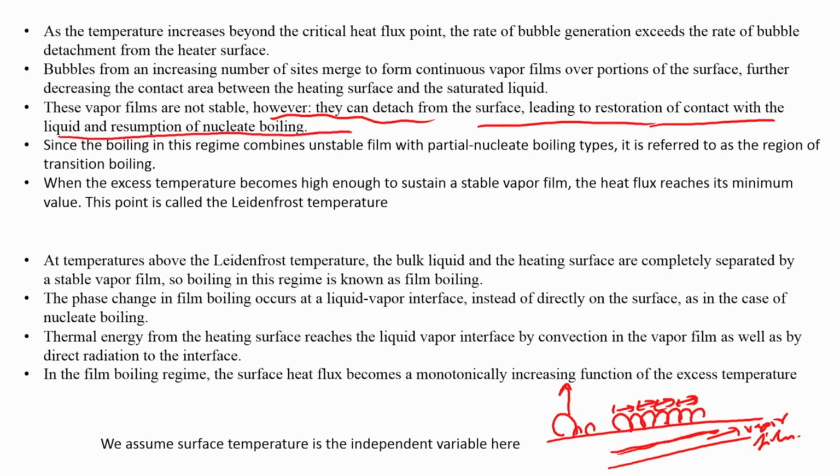Fresh liquid can come and wet the surface, so you get a reinitiation of nucleate boiling. Because it involves this kind of an unstable film and a partial nucleate boiling type, this is called the transition boiling.